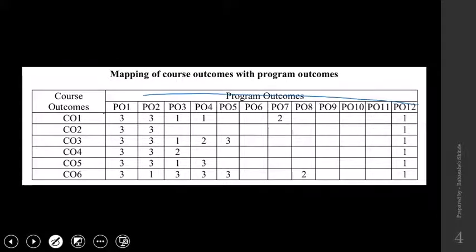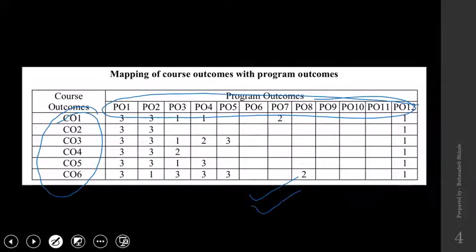So you are supposed to have these 12 statements, and these 12 statements focus on things like engineering knowledge, whether you are capable of working in a team, whether you are good at using modern tools, whether you can communicate your ideas with the person next to you, or when somebody comes to you with their problem, how easily you get what that person is trying to say, whether you have done something for society, what ethics you have, what work norms you follow.